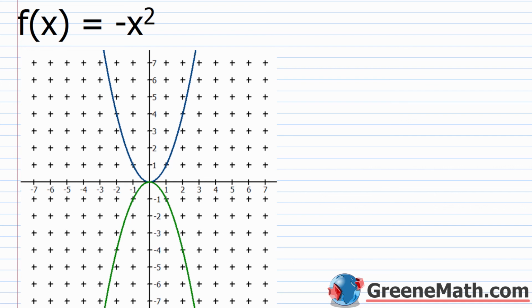And then as we move forward, we're going to start seeing some downward-facing parabolas. So all we've seen so far are the parabolas that open up. So the f of x equals x squared, that variety. Now we're going to look at f of x equals negative x squared. So the trick here is that if you have a negative coefficient on the squared variable, you're going to have a parabola that opens down.